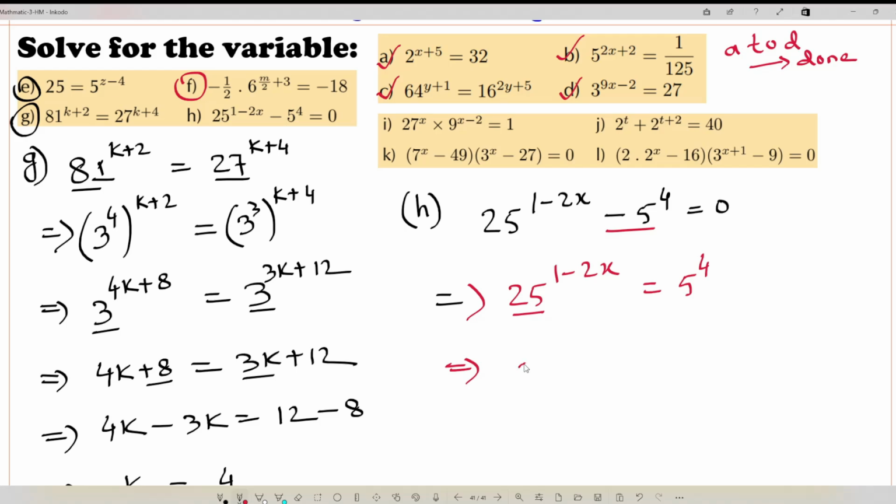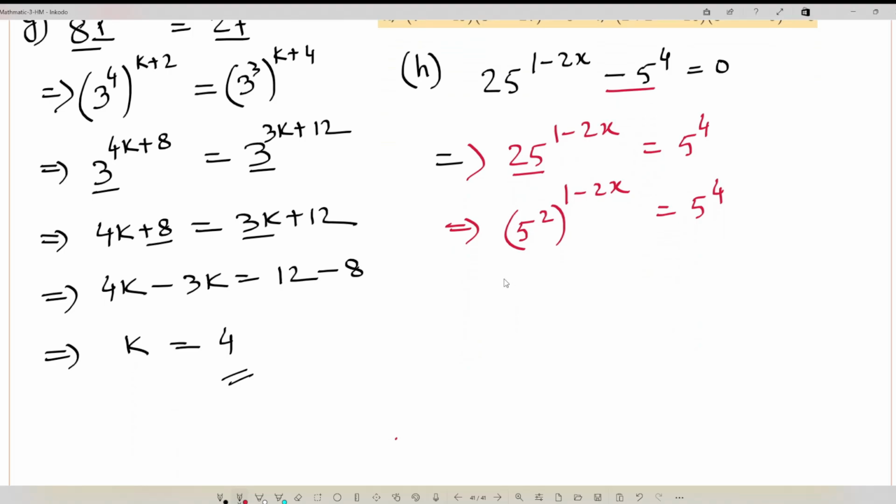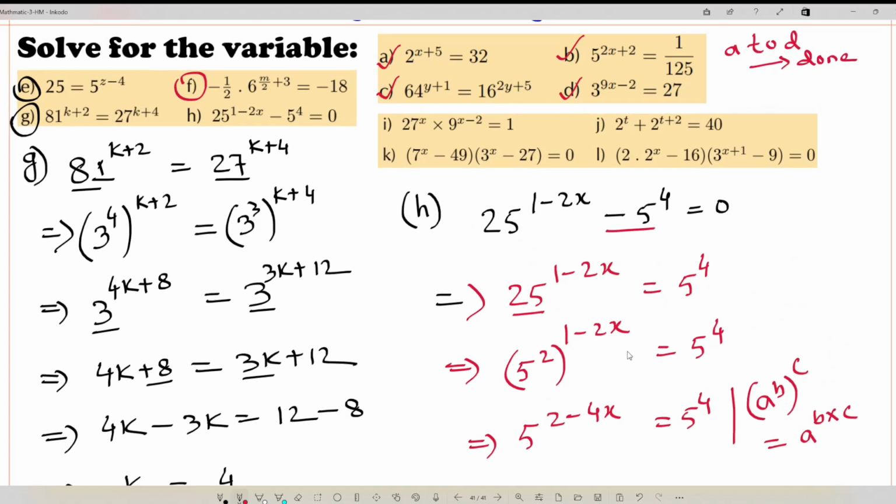This 25 we can write what? 5 square and to the power 1 minus 2x equals 5 to the power 4. Then we can write 5 to the power 2 minus 4x equals 5 to the power 4. Why? We know a to the power b to the power c equals a to the power b times c. Here we are also doing this one, we just multiply.